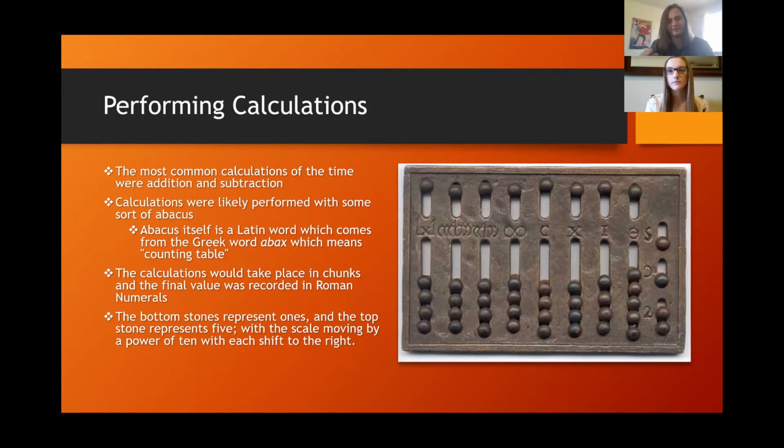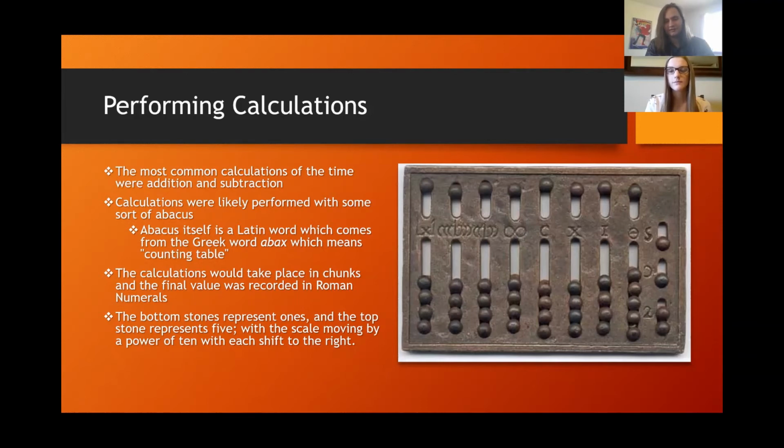If that top stone in the ones place would slide down, that represents 5. So it allows for 1, 2, 3, and 4 to be represented in 1. When the 5 is slid down, it allows for numbers 5, 6, 7, 8, and 9. And then there is a shift by a power of 10 for each bar to the left.